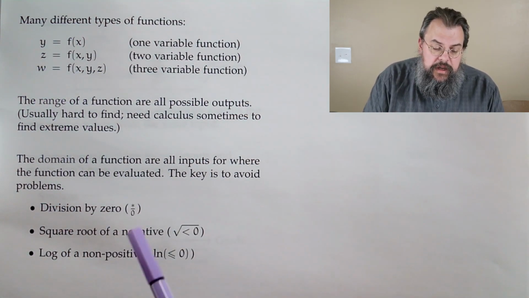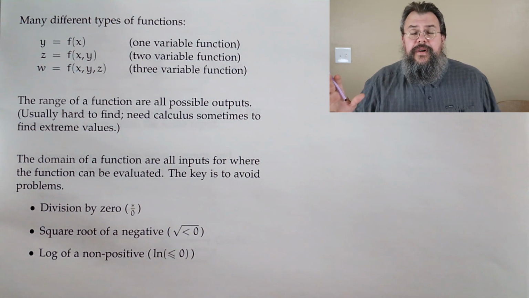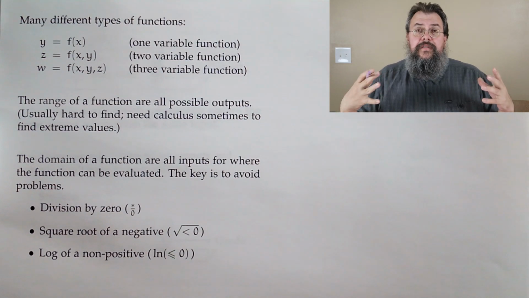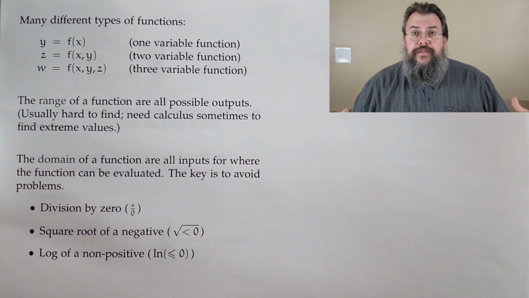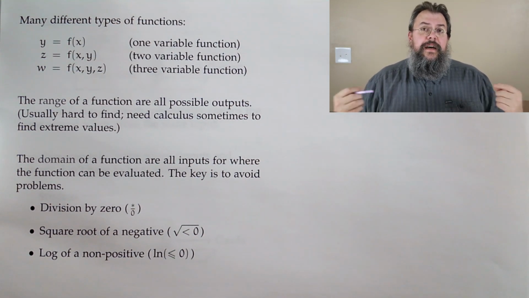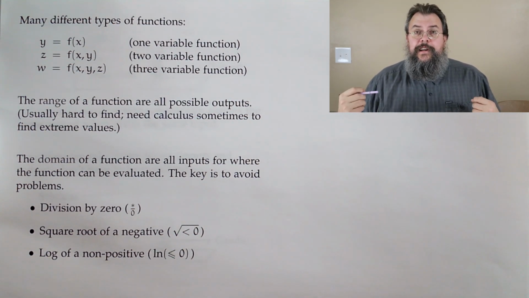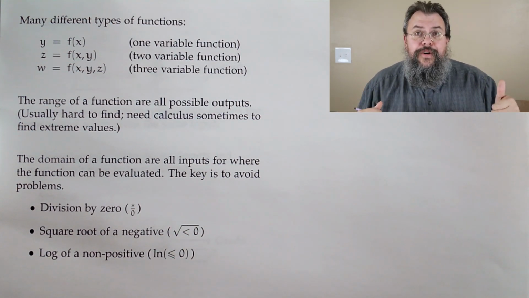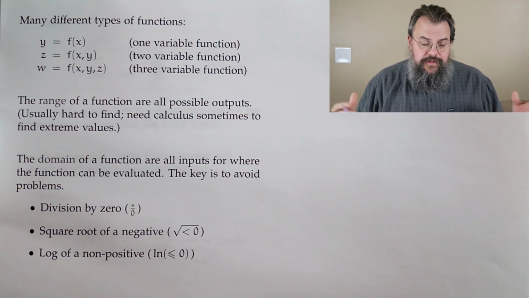And what if we have more than two? Absolutely. You can have as many inputs as you want. And it makes sense to have many inputs because a lot of processes depend on multiple things which can vary. So anytime you have a contribution to a process that's allowed to vary, well, that's a variable. And you might have a process that involves dozens and dozens of things which vary.